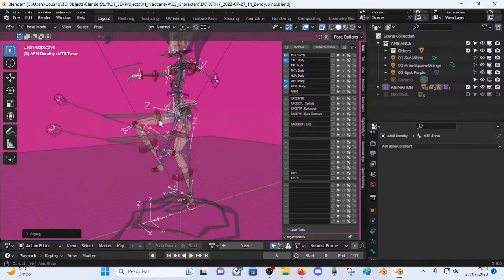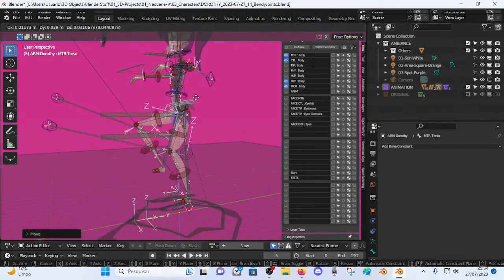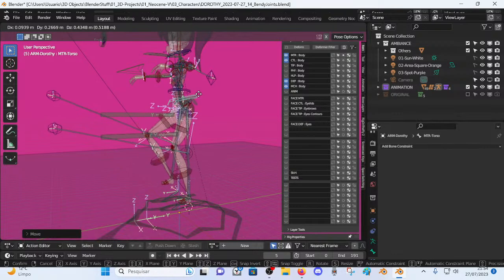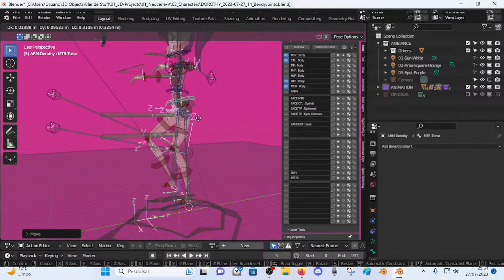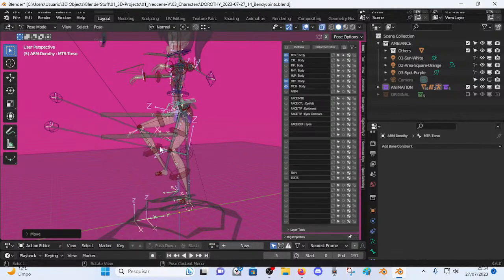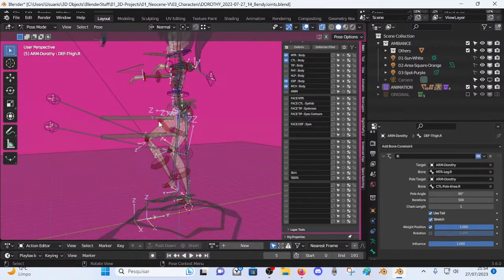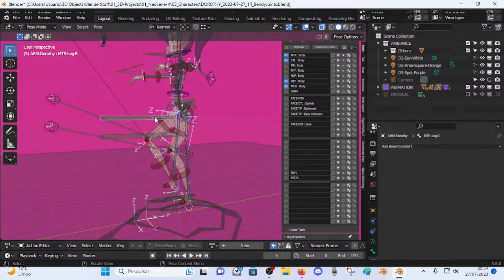You see, the leg that is behind, the foot goes up, the foot mesh, not the foot master, because the IK is pulling it because of this IK bone here. There's inverse kinematics, the first one, then this is the second inverse kinematics bone constraint.